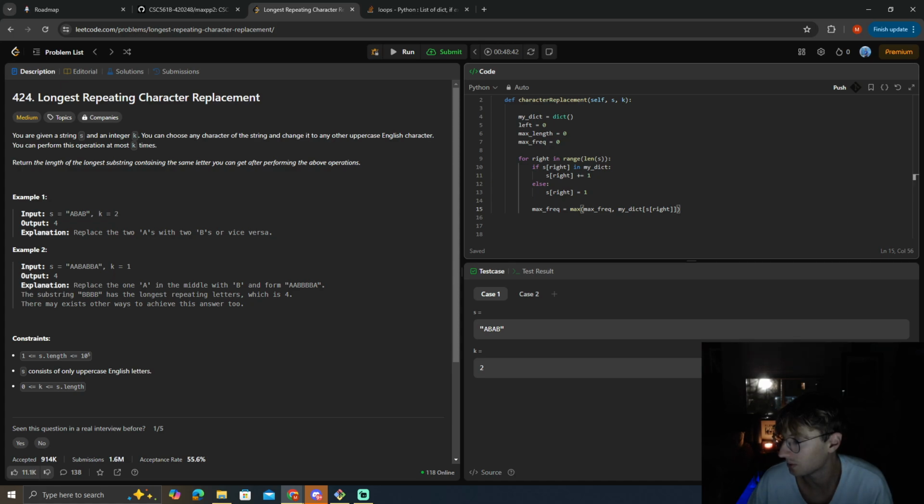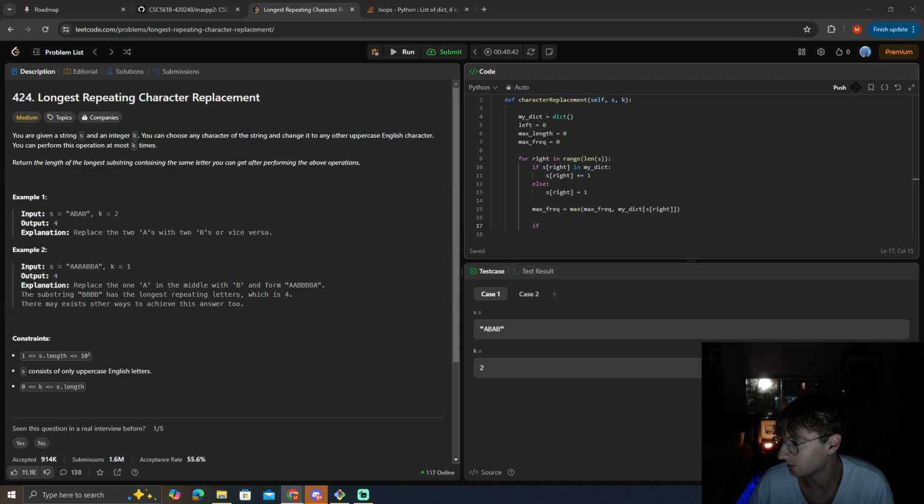So then, this is the difficult part, they just have an if statement here where they mess with the thing. If right minus left plus 1 minus max freq is greater than k, reduce the count of the character at the left pointer. This is the part of the algorithm I don't really understand.